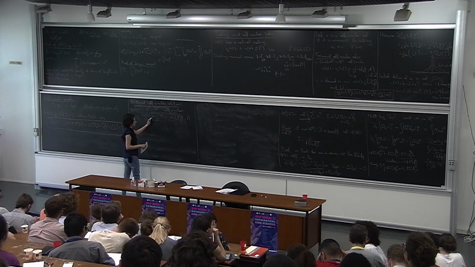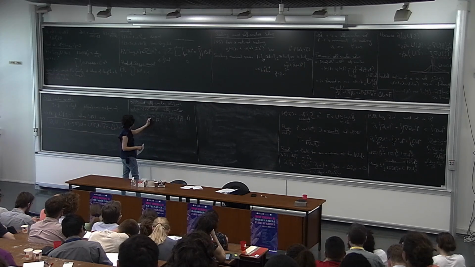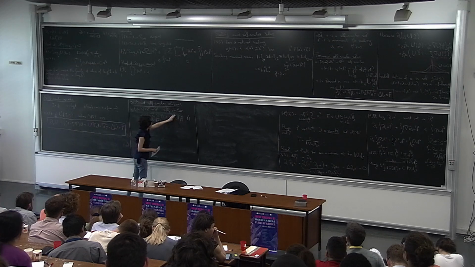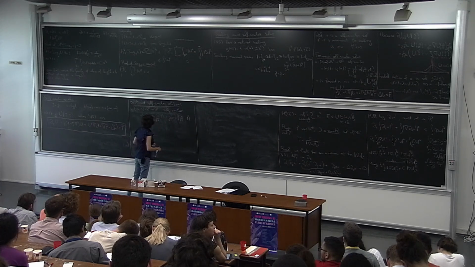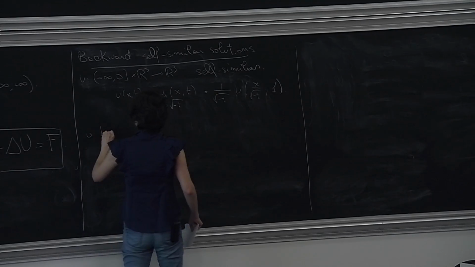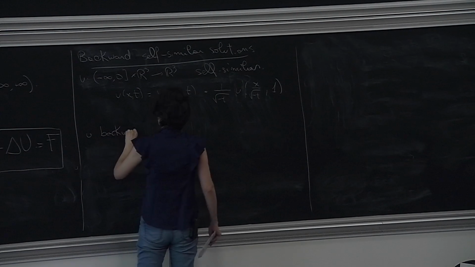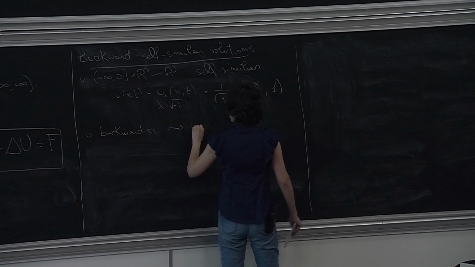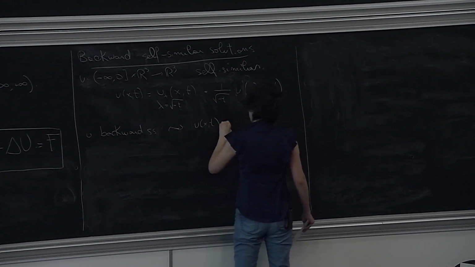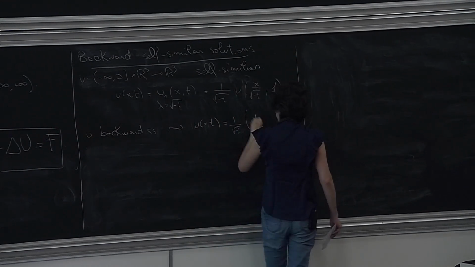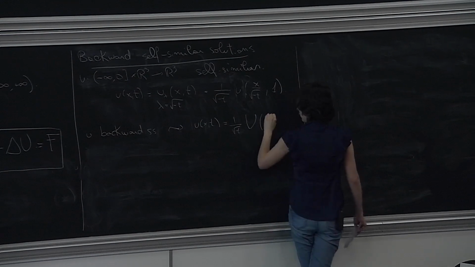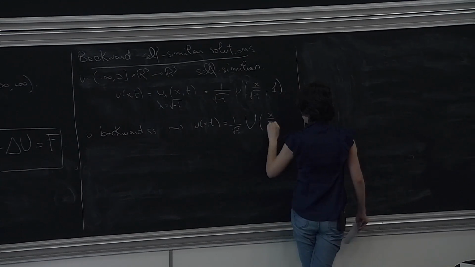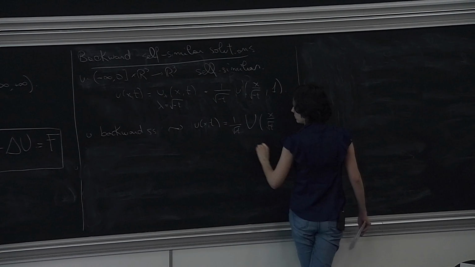So you have this is a little u. So u backward self-similar as before is if and only if you can represent it as 1 over square root of minus t, a capital U of the self-similar variable with a minus everywhere.